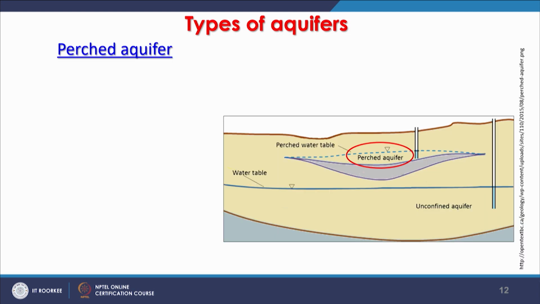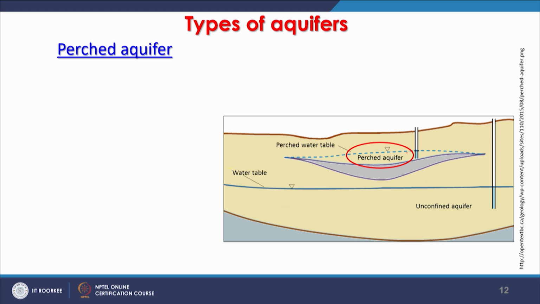Now, we are reaching almost the last two types of aquifers. One is the perched aquifer and the last one would be the artesian aquifers. Perched aquifers are again a very common thing, can be seen in the Indo-Gangetic plain like this example, and when we were discussing the water table, we also mentioned this perched water table.